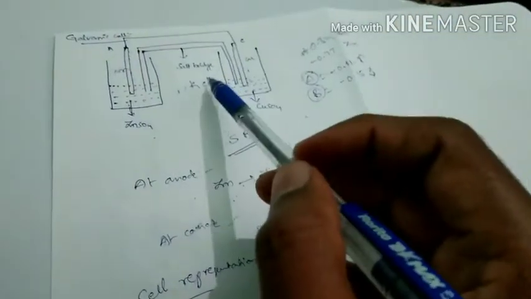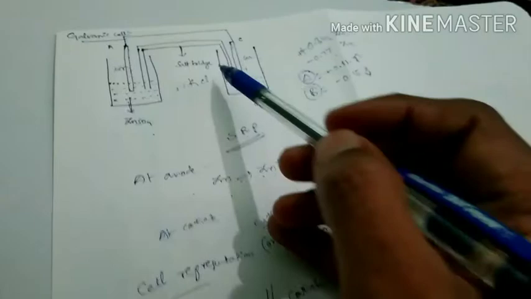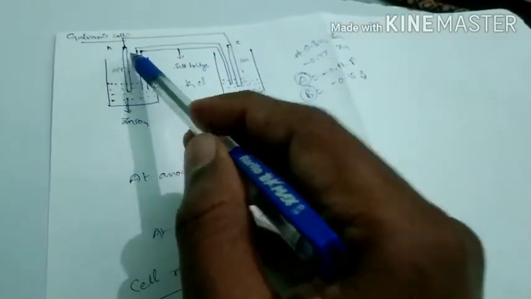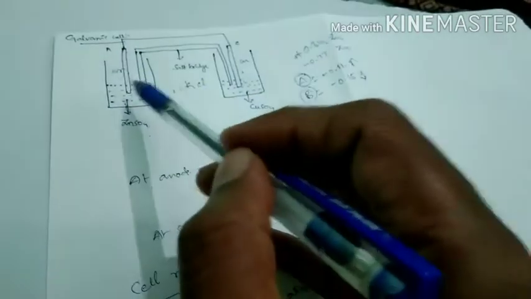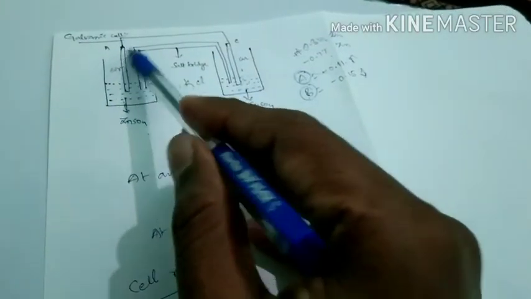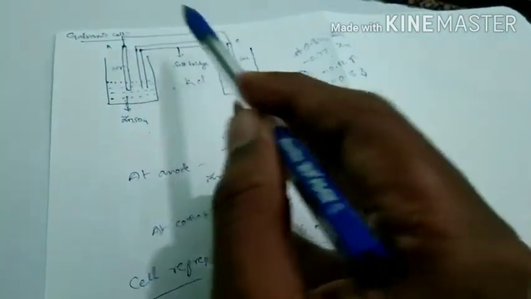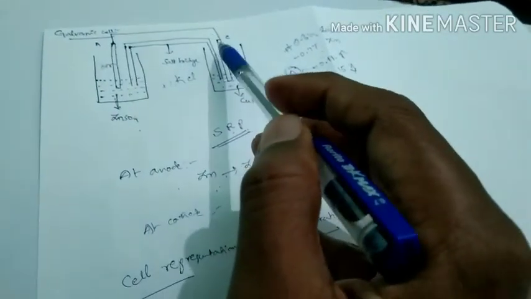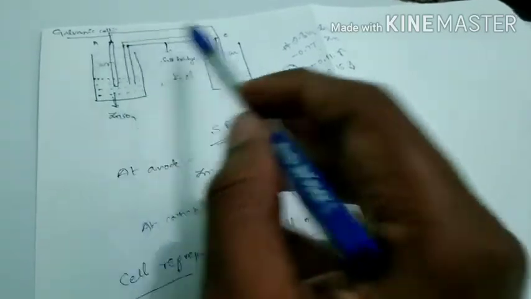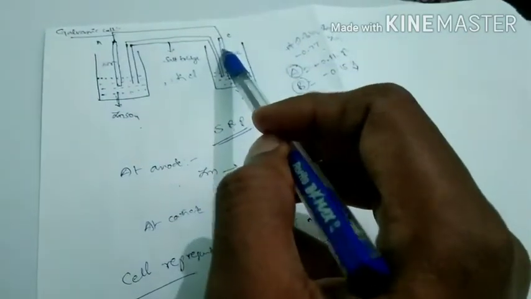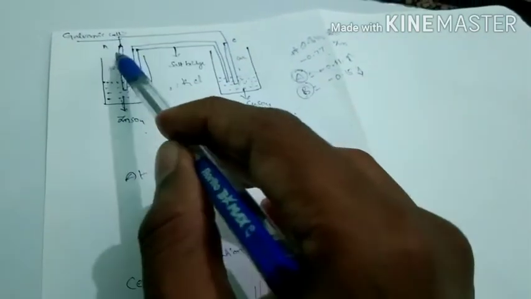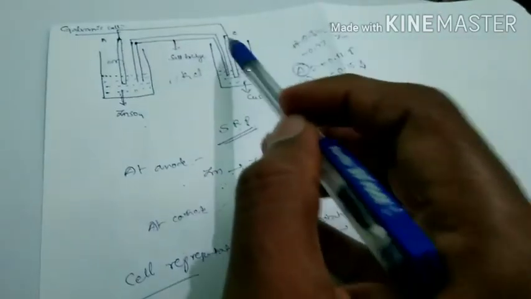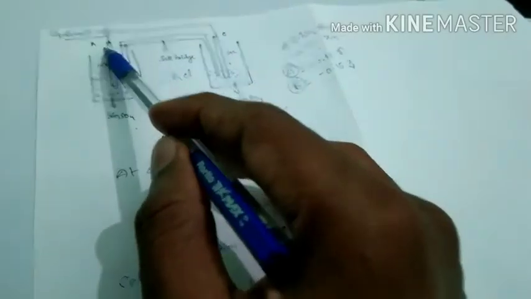And one more purpose: after the reaction takes place at the anode, electrons flow from anode to cathode, not cathode to anode. When electrons flow from anode to cathode, current flows from cathode to anode.